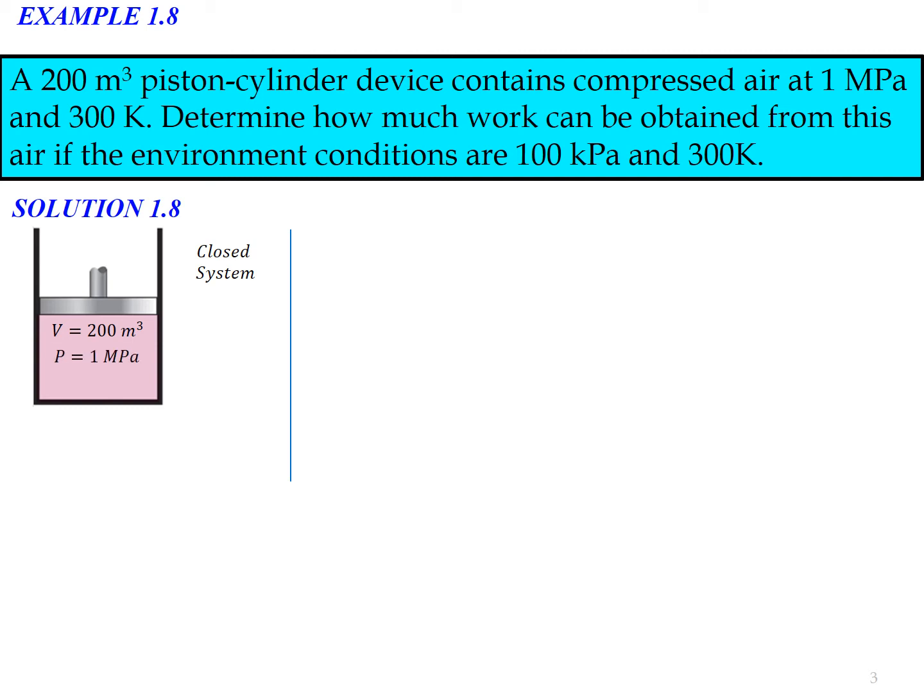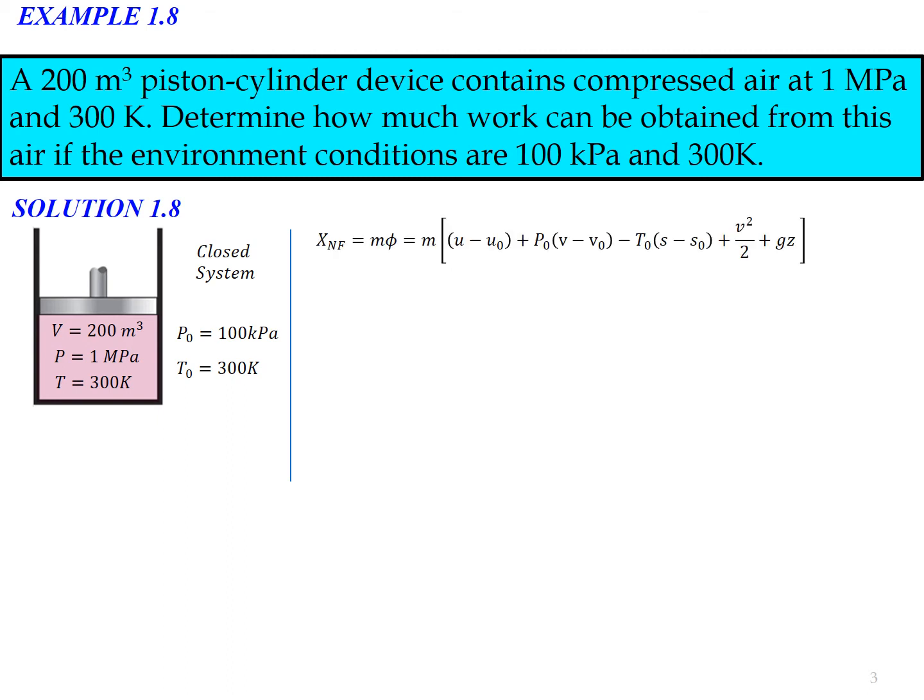The pressure inside the cylinder is 1 megapascal, and the temperature is 300 Kelvin. And the environment condition P naught equal to 100 kilopascal, and T naught also equal to 300 Kelvin.